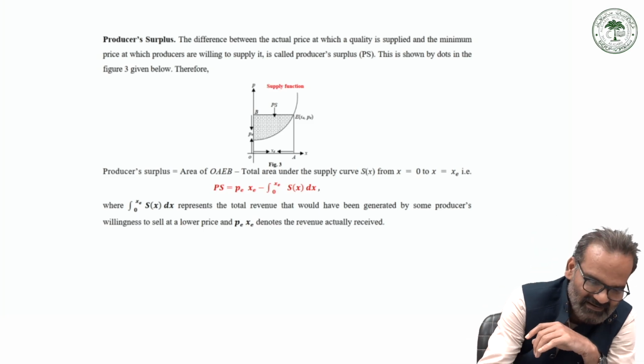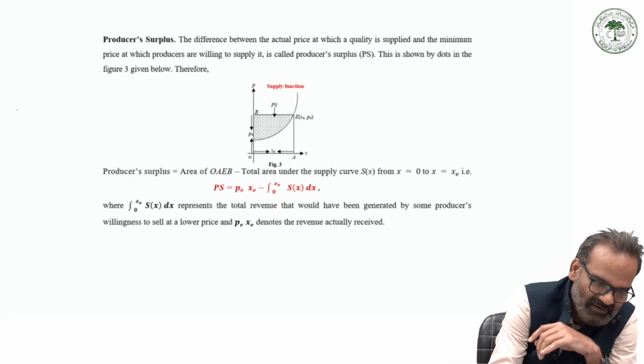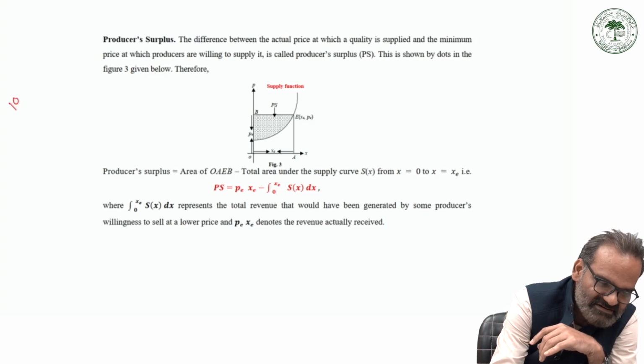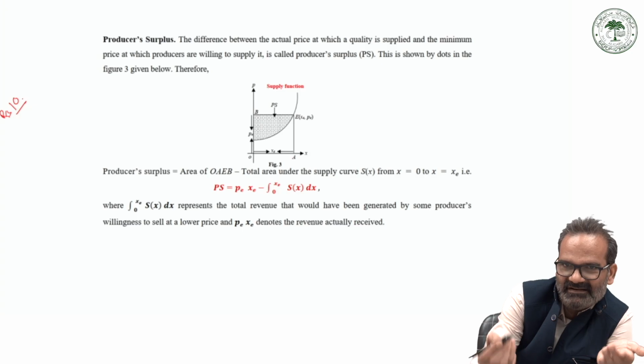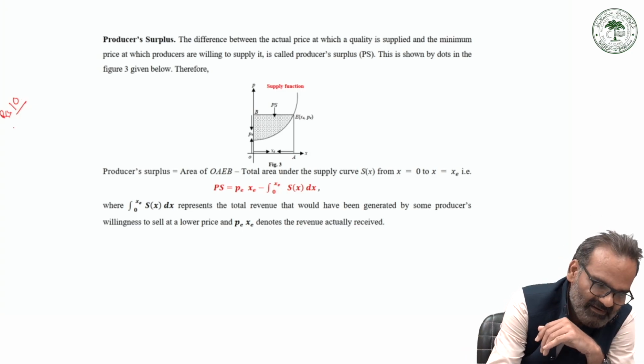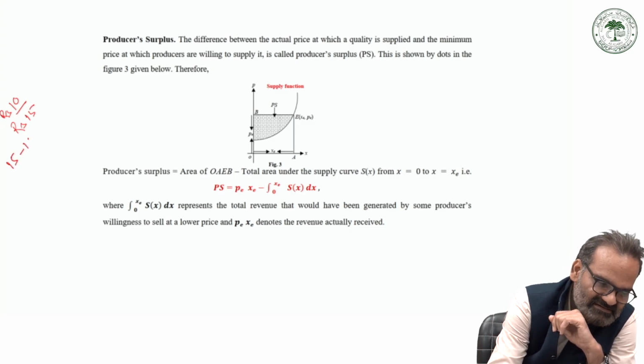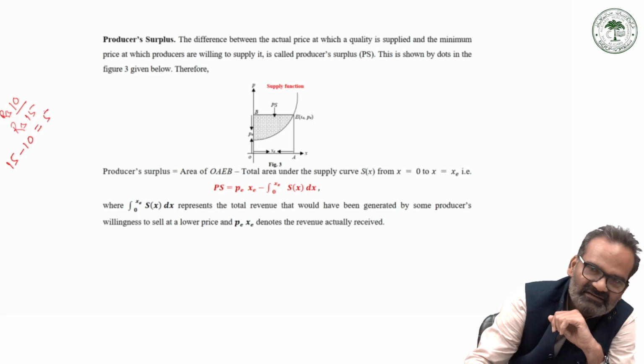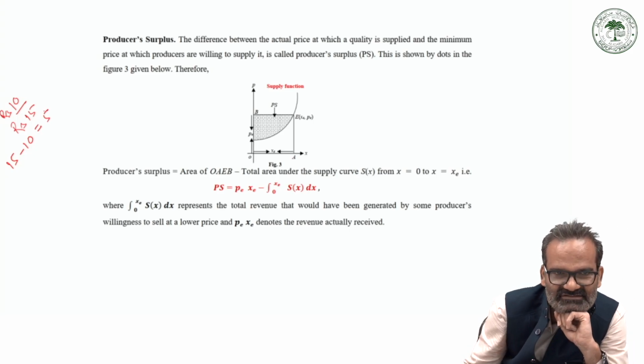For example, as I have told you, a producer is ready to sell the product for rupees 10. He is willing to get 10 rupees to sell the product. But the market fixes it at rupees 15. So the difference, 15 minus 10, is 5. This is known as the producer's surplus.